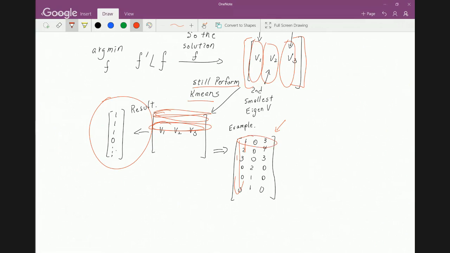And then you look at each row. If you observe this carefully, it's easy to see how k-means will divide this up. You'll probably divide something like this, where this is one cluster, and that's another cluster. And this will be 1, 1, 1, 0, 0, 0.